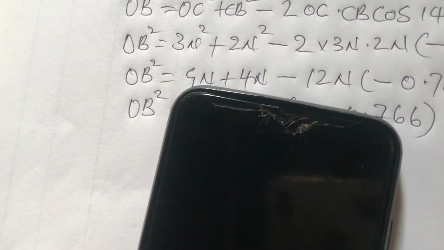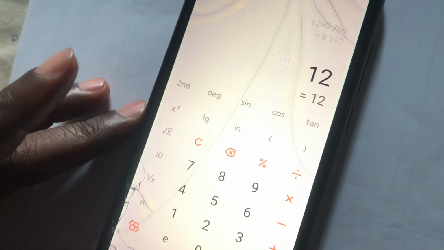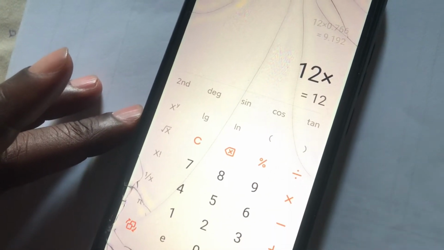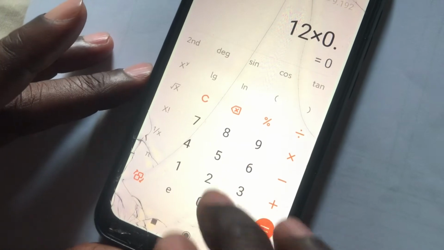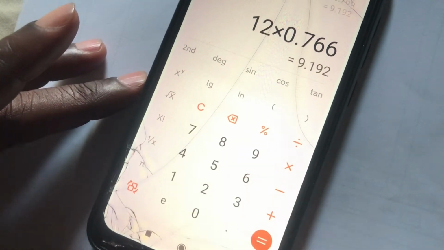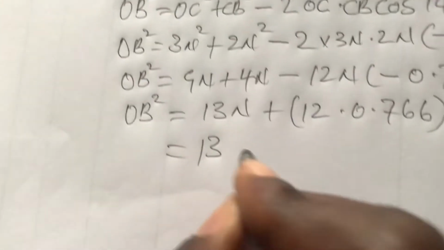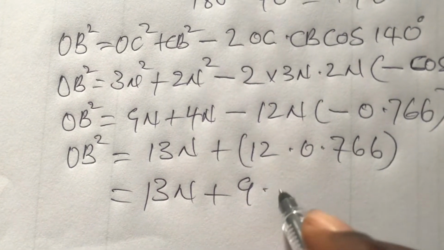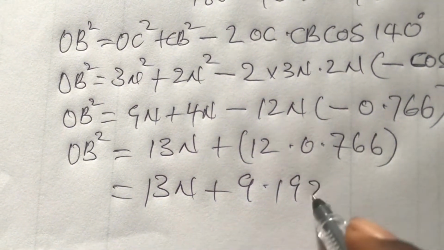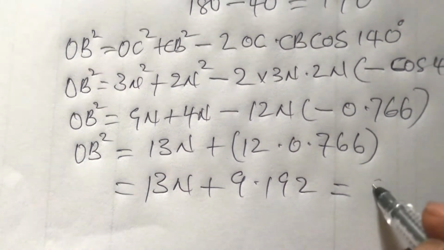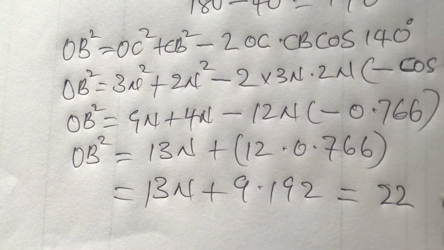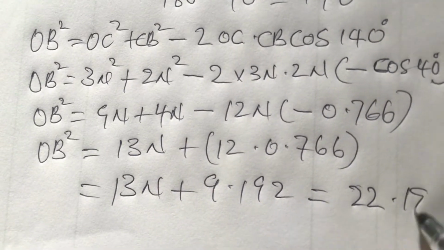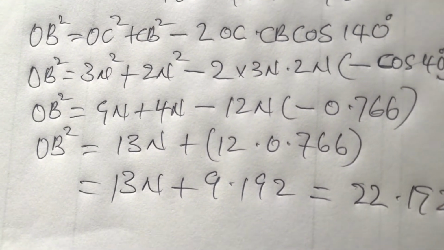Therefore 12 times 0.766 will be equal to 9.192. So 13 Newton plus 9.192 is equal to 22.192.